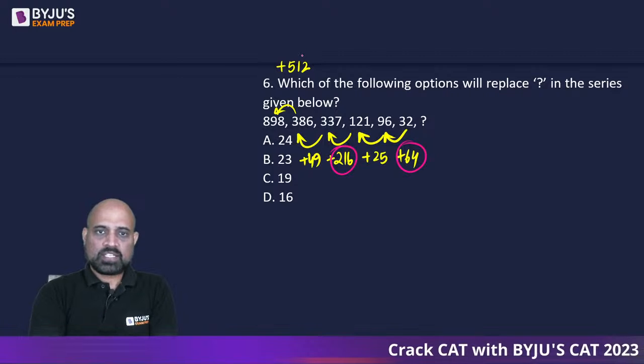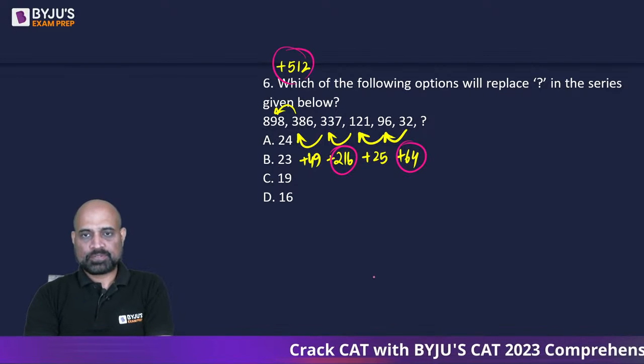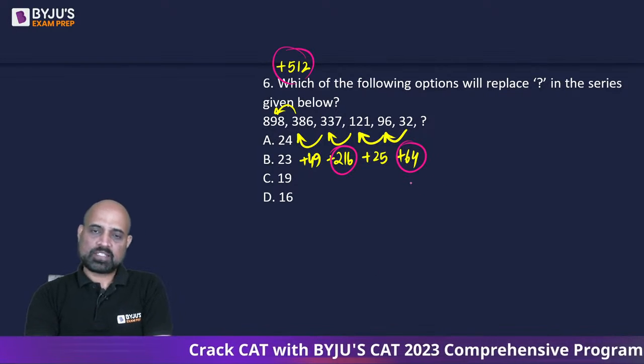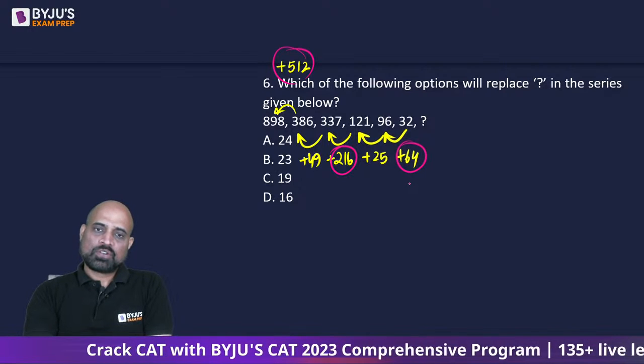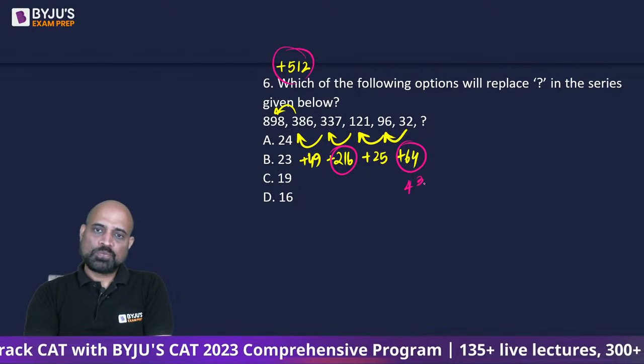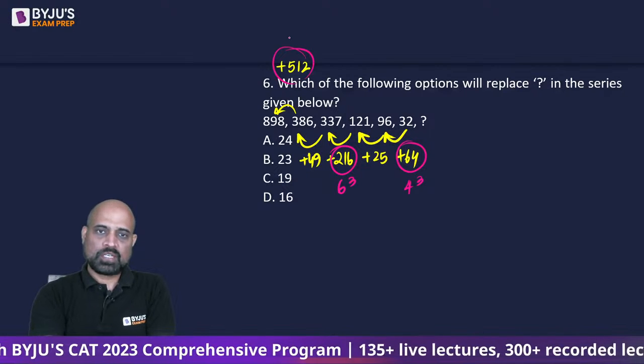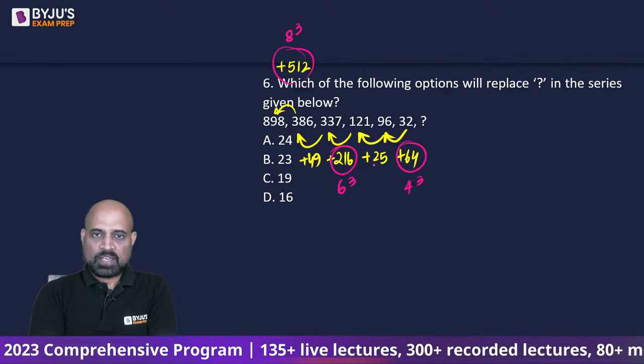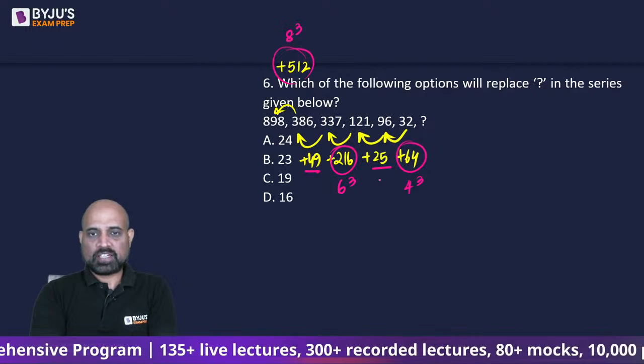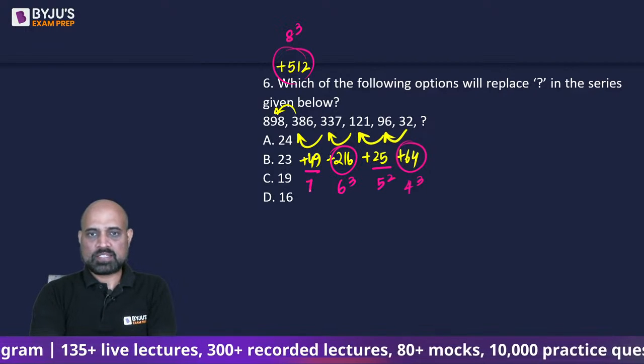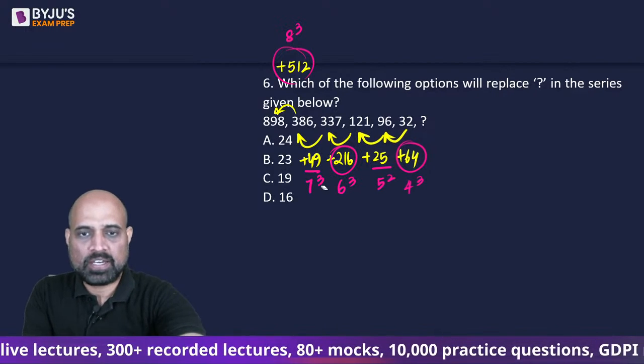64, 216, 512. So this is 4 cube, 6 cube, 8 cube. And if you look at 25 and 49, this is 5 square, this is 7 square.